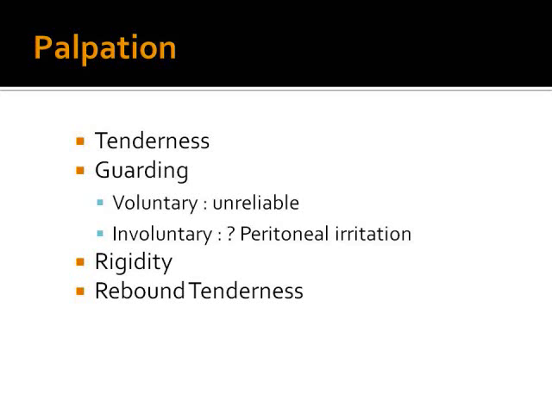When it is involuntary, that is, the abdomen is tense throughout, then it could be a sign of peritoneal irritation, and that needs further evaluation. Rigidity is when the abdomen is hard like a board and no movement with respiration. We also check for rebound tenderness, which suggests peritoneal irritation.